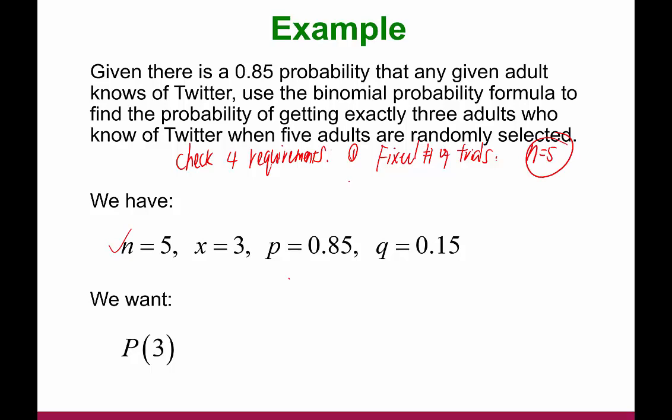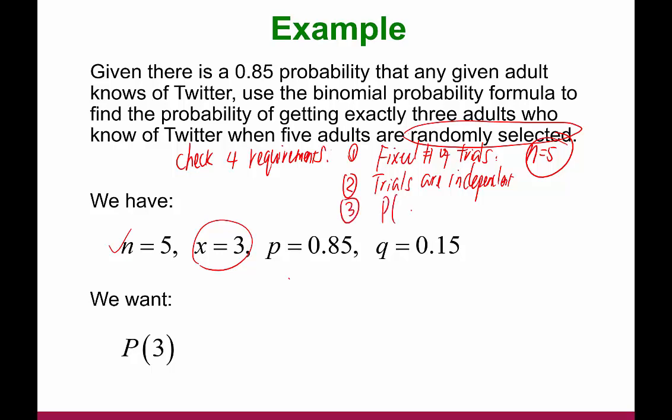Second, we want 3 successes, right? x equals 3. The trials are independent because they are randomly selected. Okay, third one, the probability of success remains constant, which is always 0.85.